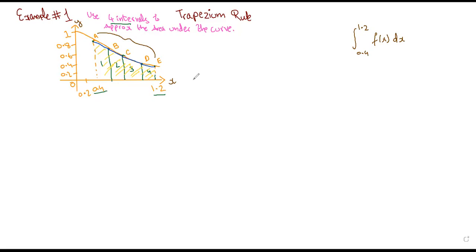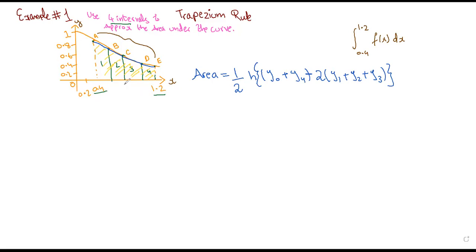We only know that the area would be 1/2 h [y0 + y4 (the final one) + 2 times (y1 + y2 + y3)]. Now listen, first you need to write down the formula according to our case.